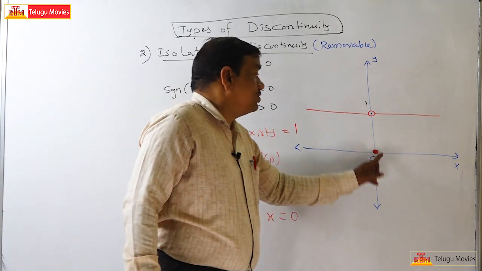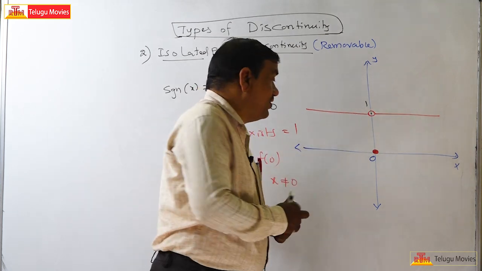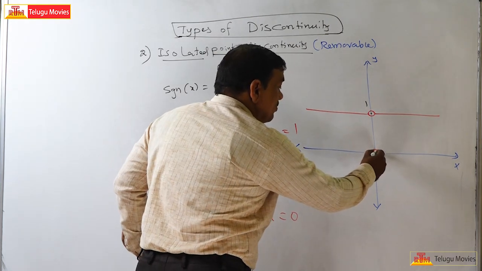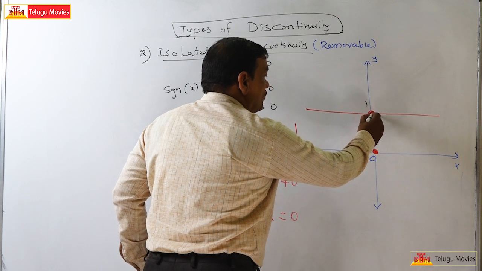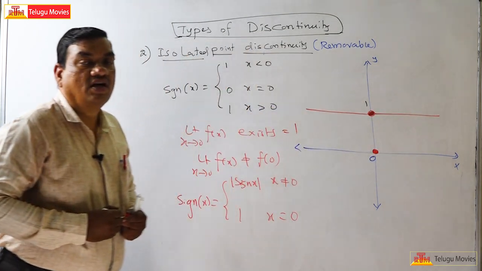If x is equal to 0, its value is 1. Therefore, this point now comes here. Now the graph will be continuous.